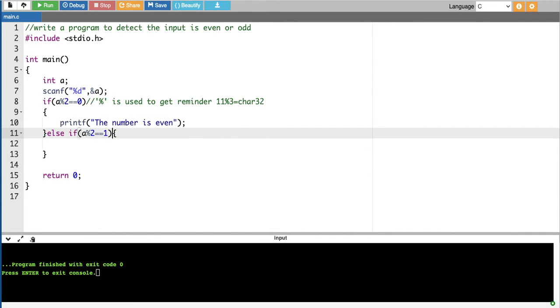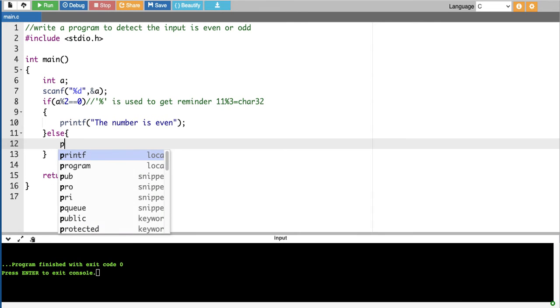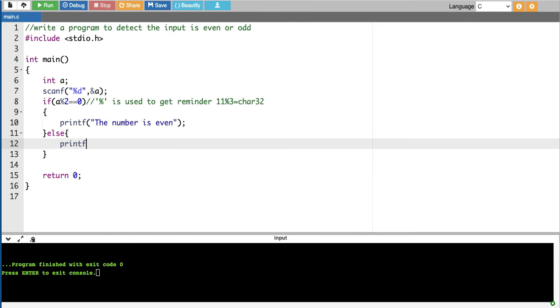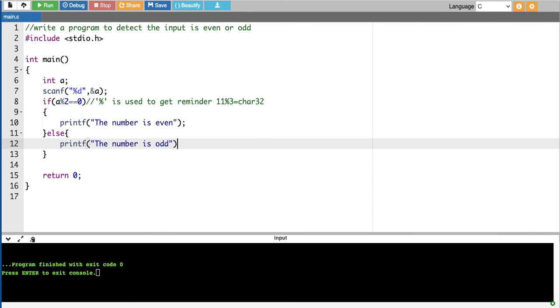We can write this also, but it's already assumed that if the number gives the remainder 0, then it's not able to give the remainder 1, or if it gives the remainder 1, then it's not able to give remainder 0. So directly I'm writing here printf, the number is odd. Okay, so that's it.